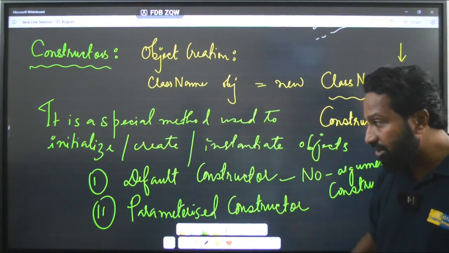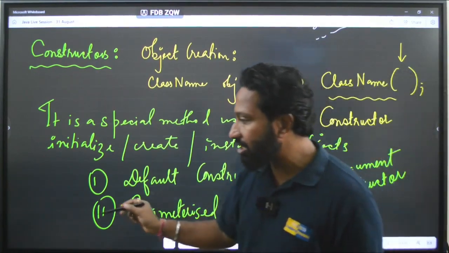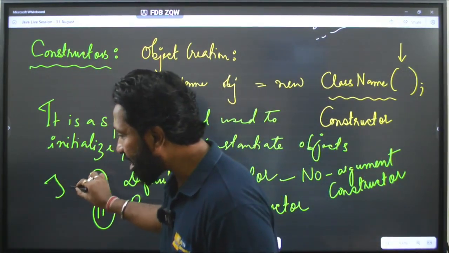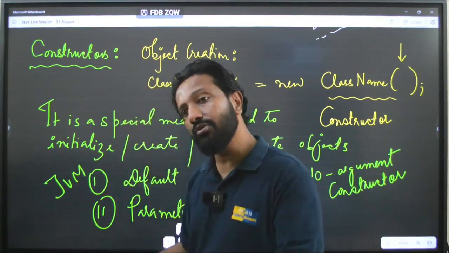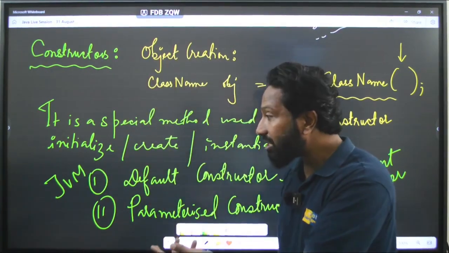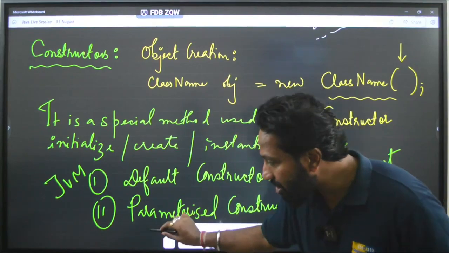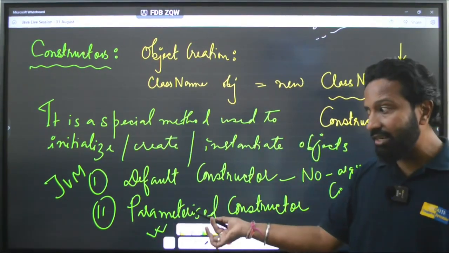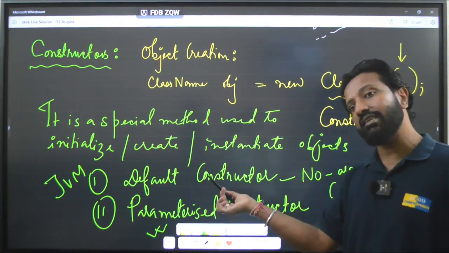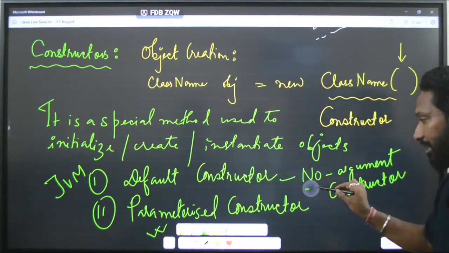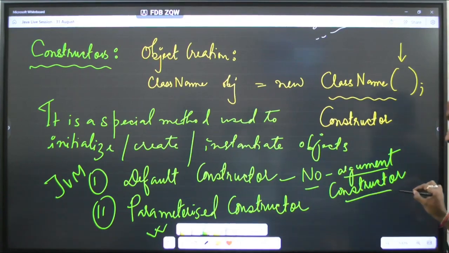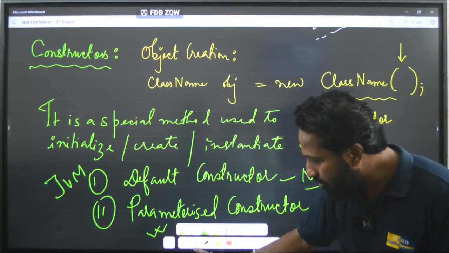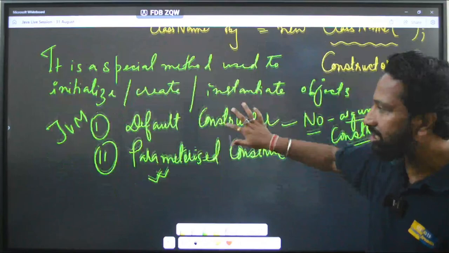So please remember, if you are not creating a constructor, the JVM or the Java virtual machine will do it for you. Okay, but if you want, you can create your own parameterized constructor. Got it? And one more important thing here is that the default constructor is known as the no argument constructor also. Got it? Now let's go to the rules of creating constructors.